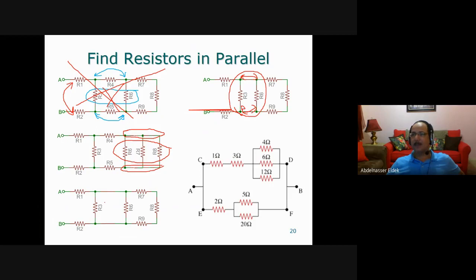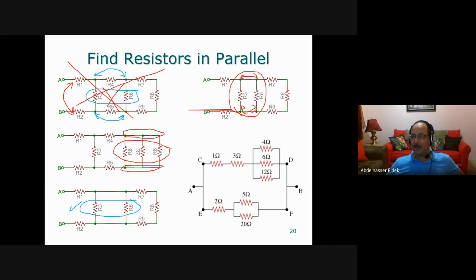Okay, what about this, for example? Do we have any two resistors in parallel? Yes. Here we have these two resistors in parallel. See, the same two resistors which are in the first example. Okay, what happened here? Why here it is right and here it is not right?